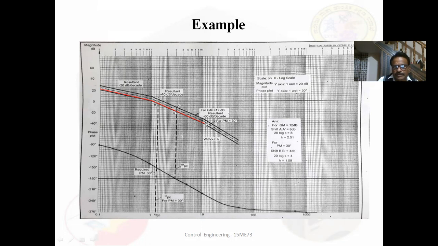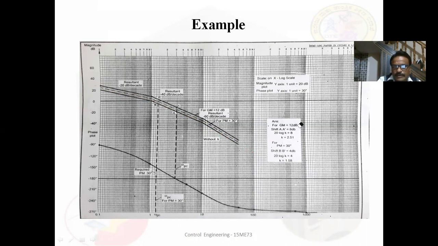From this point, this slope is minus 60 dB per decade, for k value equal to 1. So this is the resultant magnitude. Once the resultant magnitude is done, then you have to go for the phase angle plot.